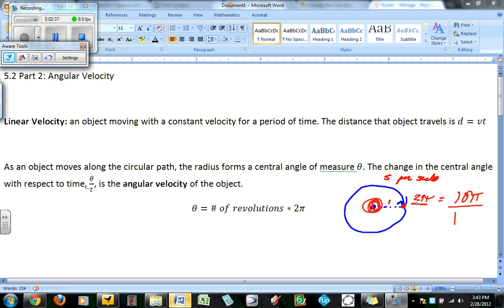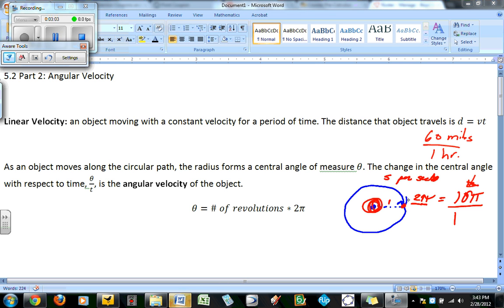So it's traveling a distance of 10 pi for every 1 second. And that's what a regular velocity is. We're saying we're traveling 60 miles per 1 hour. Anytime we're talking about a rate, we're talking about distance over time. Well, this is distance over time.